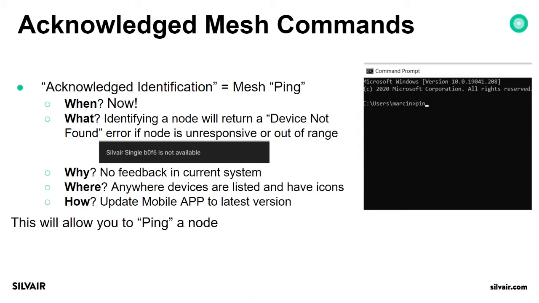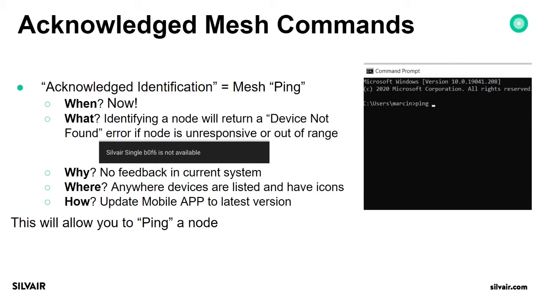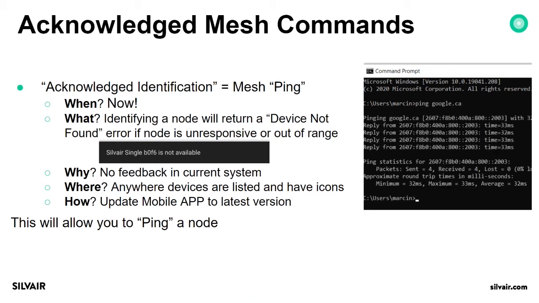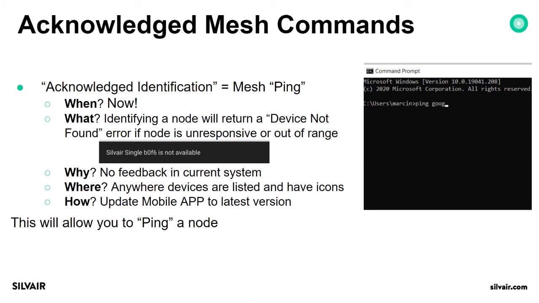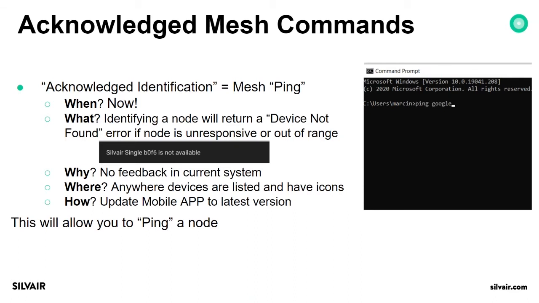Currently, we don't have feedback in our system. You should always use the latest version of our mobile app, and this will allow you to ping a node that is commissioned.